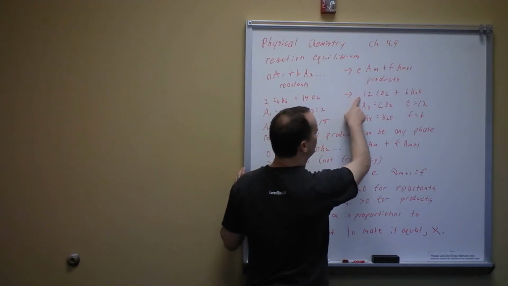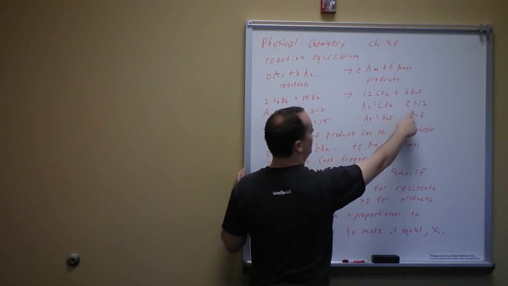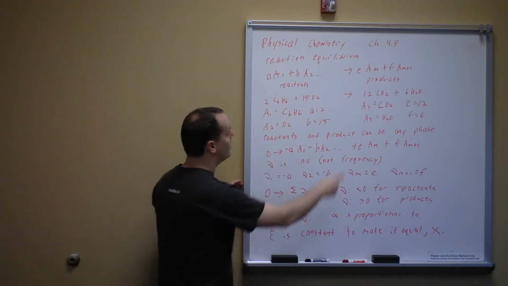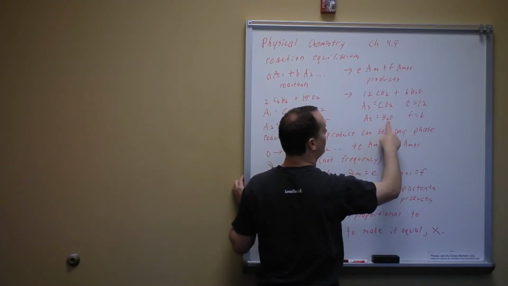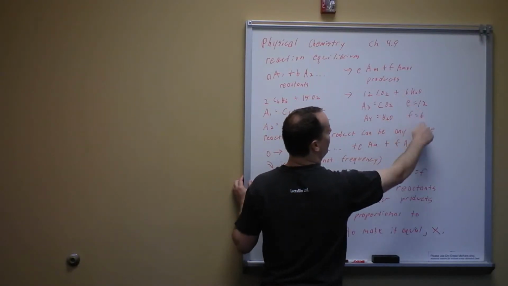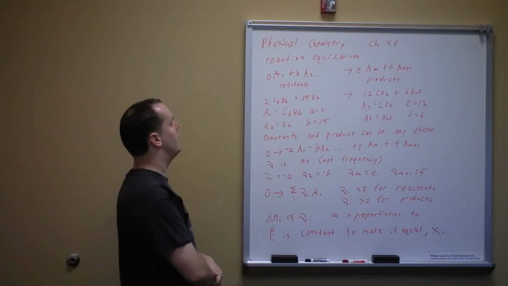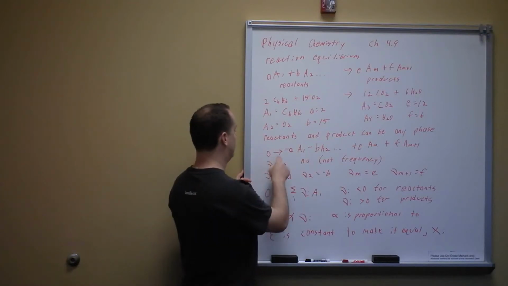They're going to products, so A sub 3 in this case would be carbon dioxide, and its stoichiometric coefficient e would be 12. And then the other product, A4, would be H2O, and its stoichiometric coefficient f is 6. Now, reactants and products can be any phase. We don't care, solid, liquid, gas, whatever. It's going to work out mathematically the same.